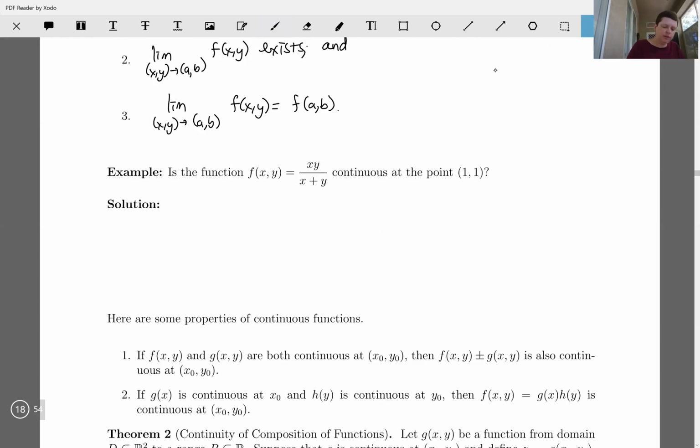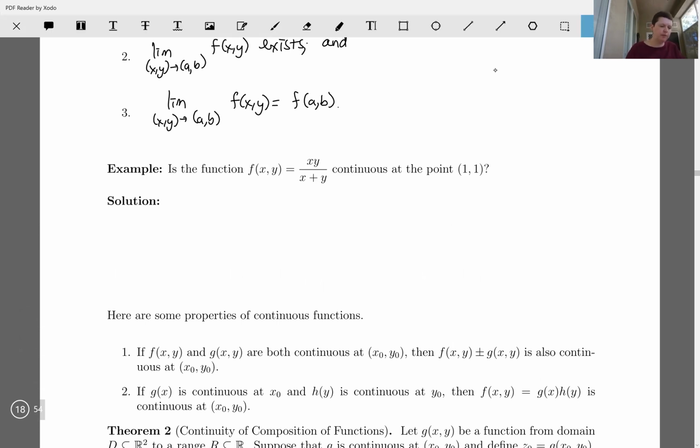Let's do a quick example. Is the function f of x, y equals xy over x plus y continuous at the point (1, 1)? All we have to do is take the limit and make sure that it exists at the point (1, 1).